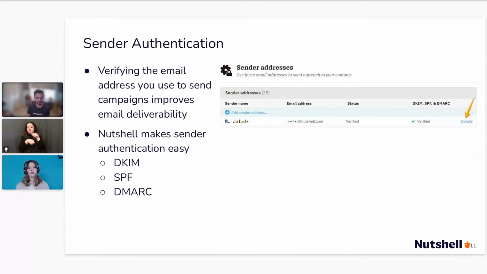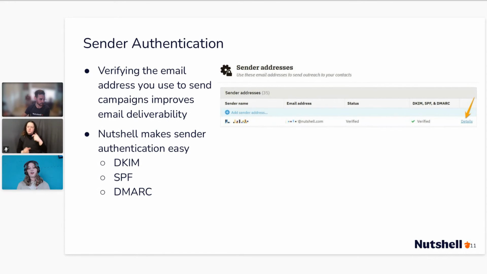And for a little bit of background, in February 2024, email providers like Gmail and Yahoo implemented some new sender authentication requirements. And ultimately, their goal is to crack down on spammy emails hitting subscribers' inboxes. And the way that they want you to do this is by adding additional DMARC records to your DNS platform that essentially tell Google and Yahoo that these emails are coming from a trusted sender.